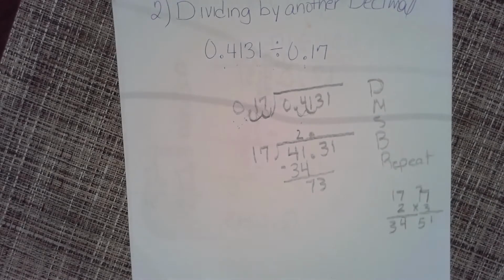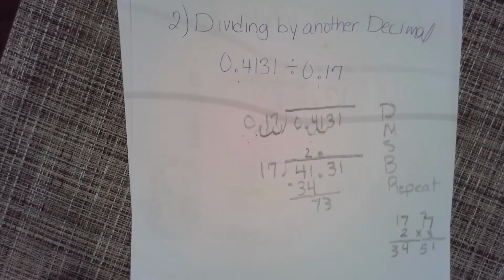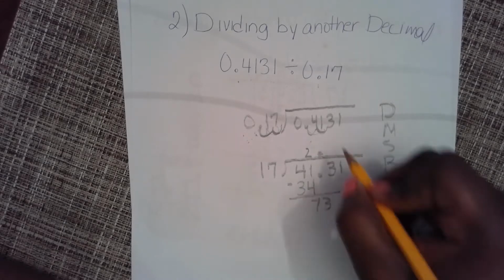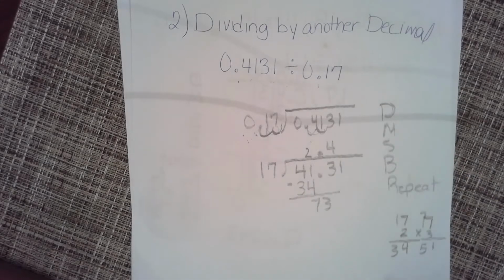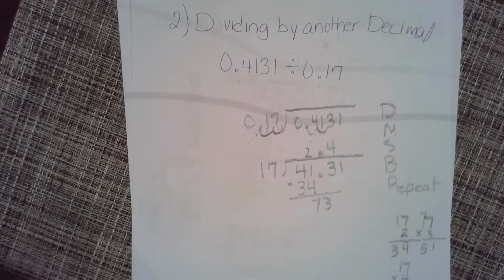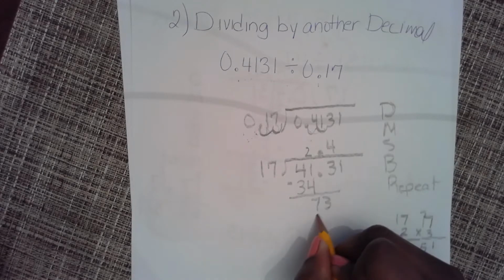So now I have 73 because we're repeating, and we are back at dividing. So 73 divided by 17 is going to be 4, and we've established 17 times 4 is 68. So now we multiply. 4 times 17 is 68.